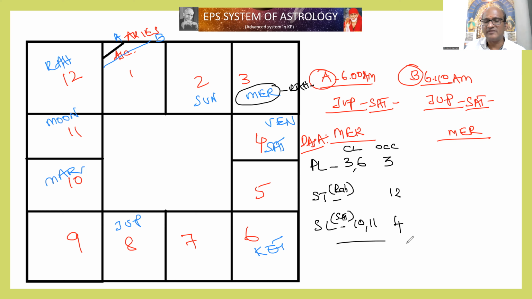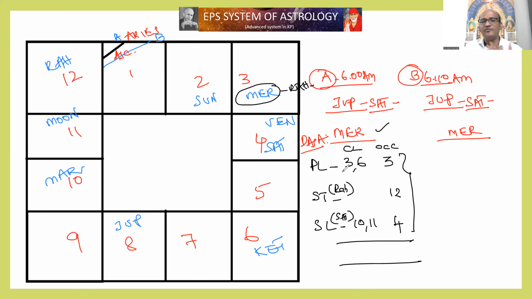So the total significations we are going to study only in this way. This is the way we are going to give the prediction for the Mercury Dasa: how the Mercury Dasa works for the profession, how it works for personal life, and what questions they need answered. We will be explaining the significations based on this only.